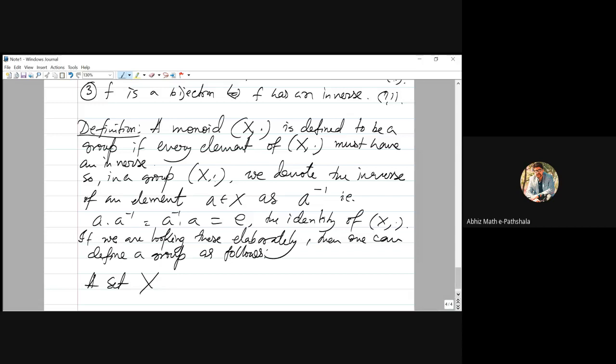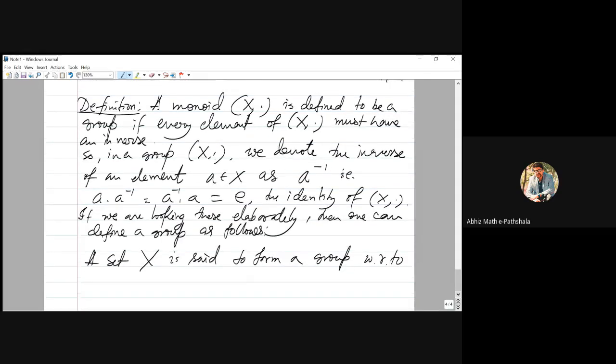A set x is said to form a group with respect to a binary operation dot, if it satisfies the following.